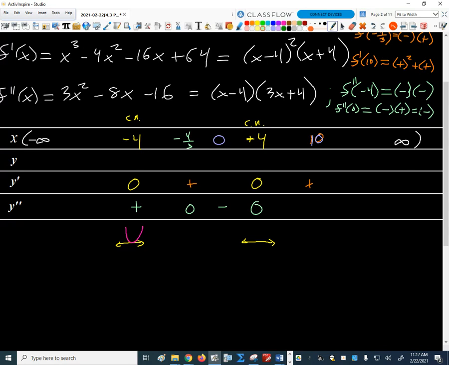So what is going on here at x equals -4/3? It's a zero of the second derivative, and to the left of that zero the concavity is positive, and to the right the concavity is negative. What is that thing?